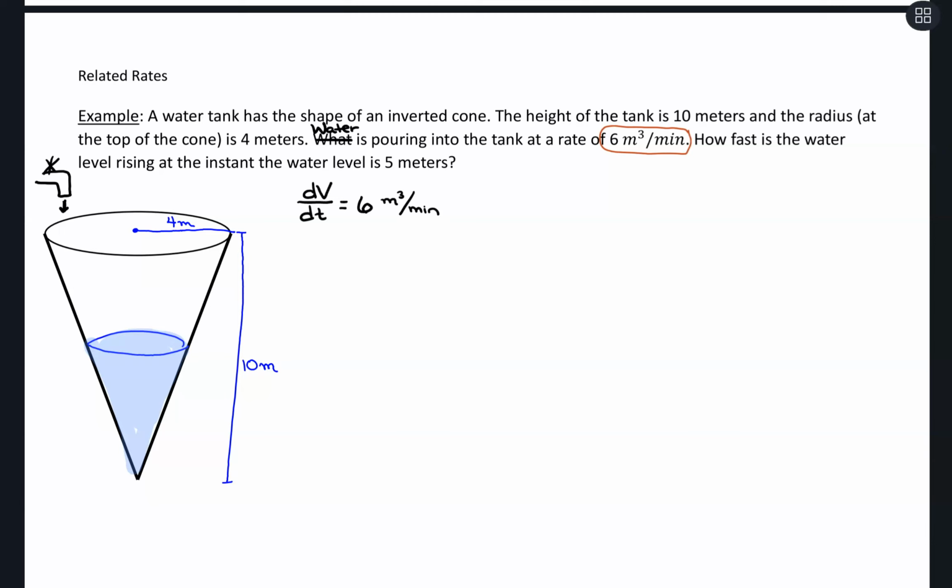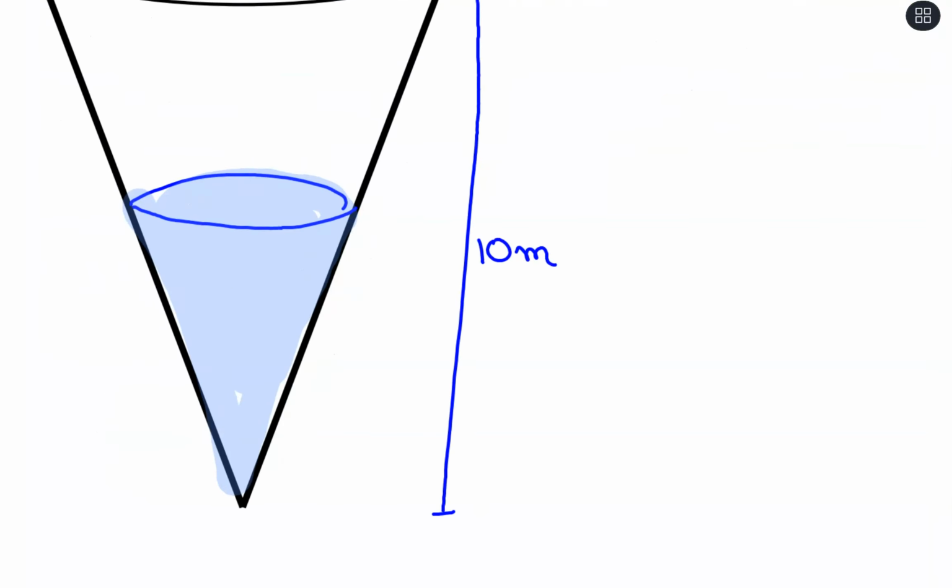So what we want to know is how fast is the water level rising at the instant the water level is 5 meters. So if we go to the water level, there's some radius and there's some height. So we have a height and a radius, and those two things are changing. And that height is increasing, and so is the radius, but we're really just talking about the height of the water.